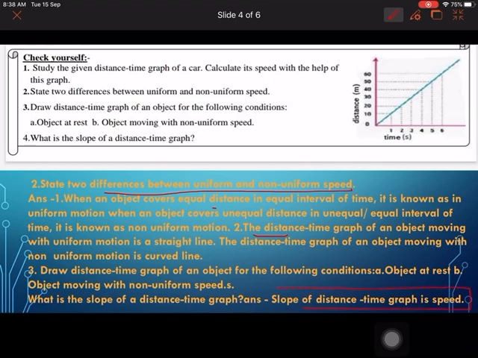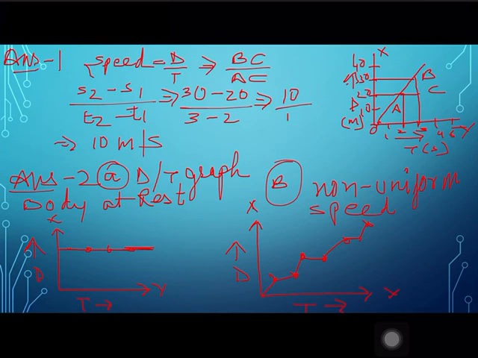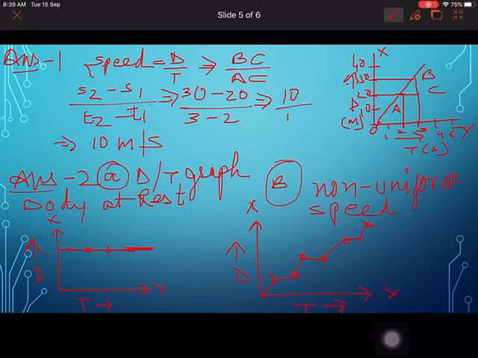Okay, now let's discuss question number 1 and 3. In question number 1, you just see this figure. In this we are given time on the x-axis and distance on the y-axis, with time in seconds 1, 2, 3, 4, 5, 6 and distance 10, 20, 30, 40. Sorry, on the y-axis we are giving the distance and on the x-axis the time.